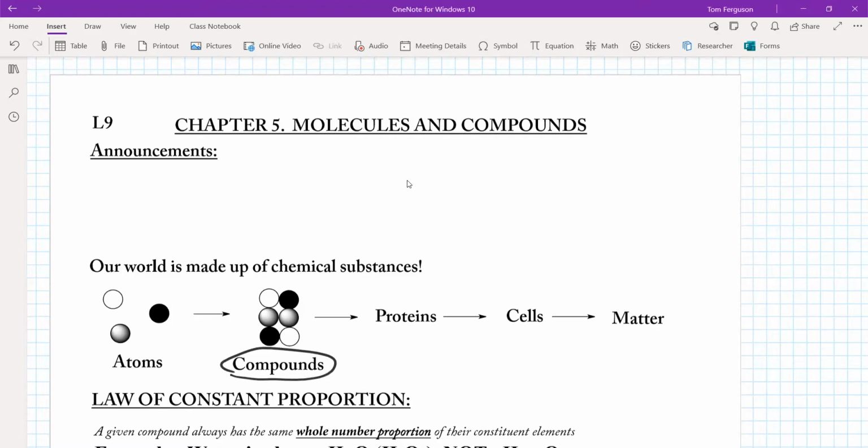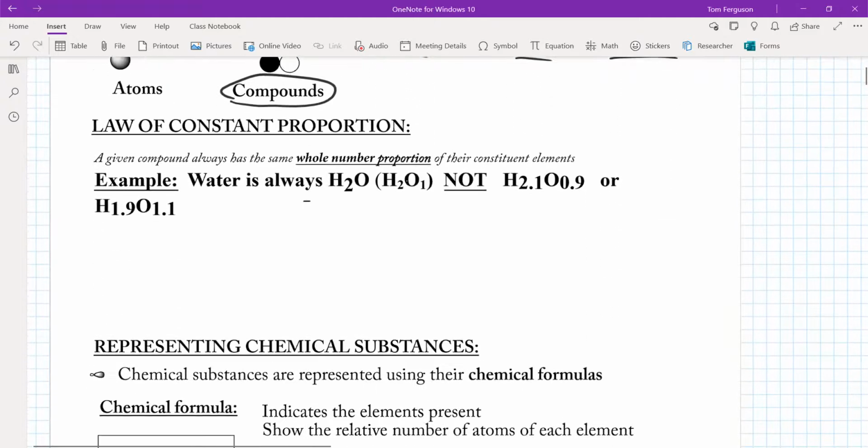And of course, those compounds are all over the place. They're proteins, cells, any kind of matter, inorganic, organic. That's what's kind of cool about chemistry. It's in everything. Now, when a compound forms, there's something called the law of constant proportion.